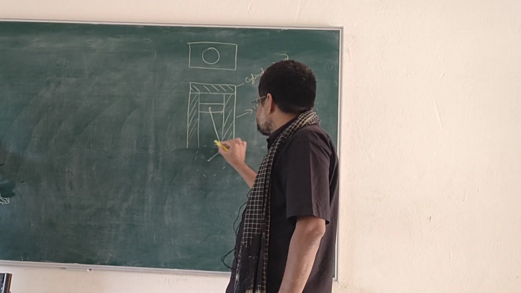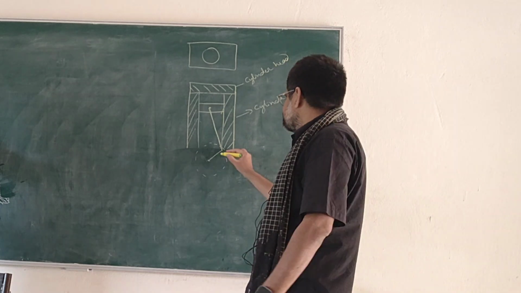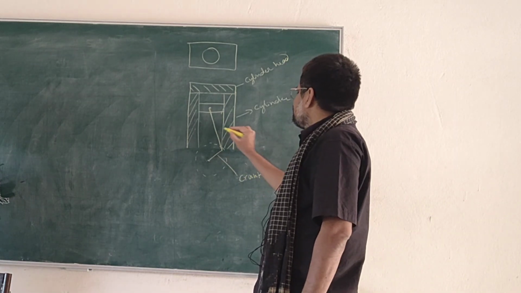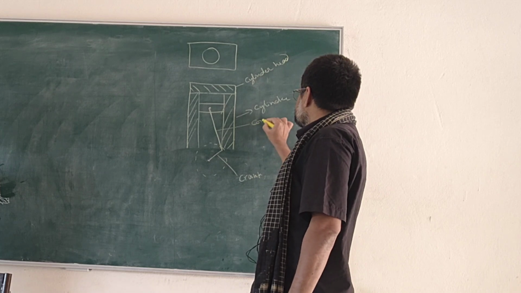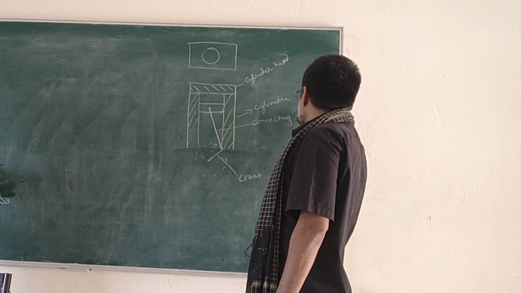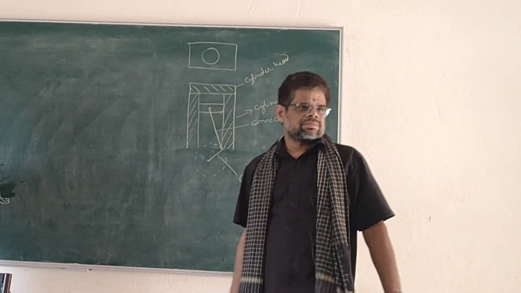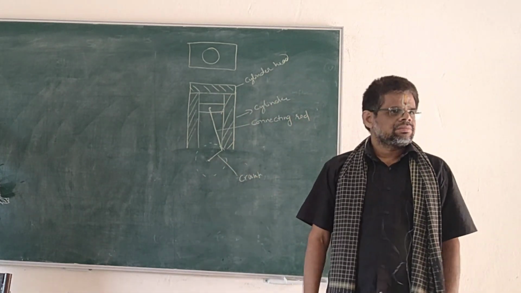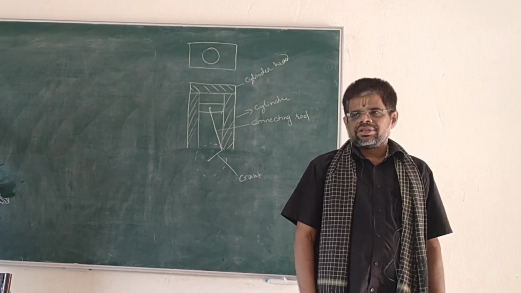Here the crank is the rotating element. This element is called the crank, and this element is called the connecting rod. So this is the basic linkage in the IC engine.